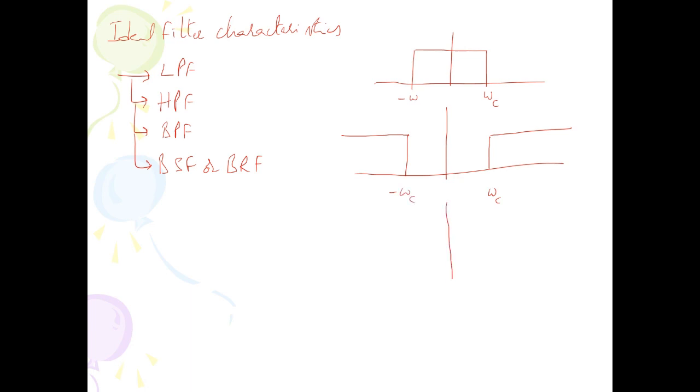Coming to the band pass filter, only a band of frequencies, omega 1 to omega 2, is allowed to pass. Then the band rejection filter.